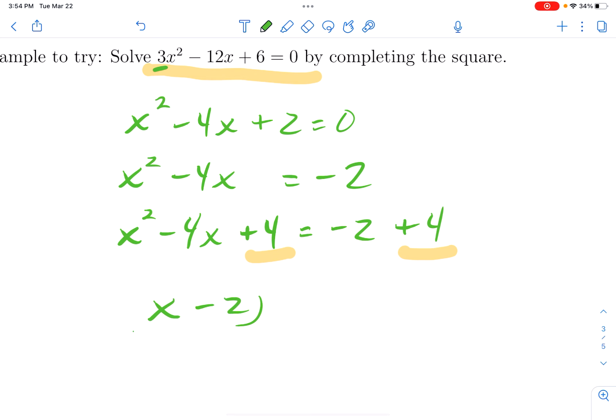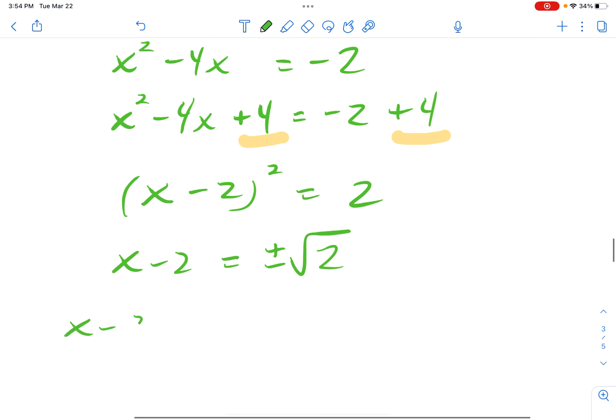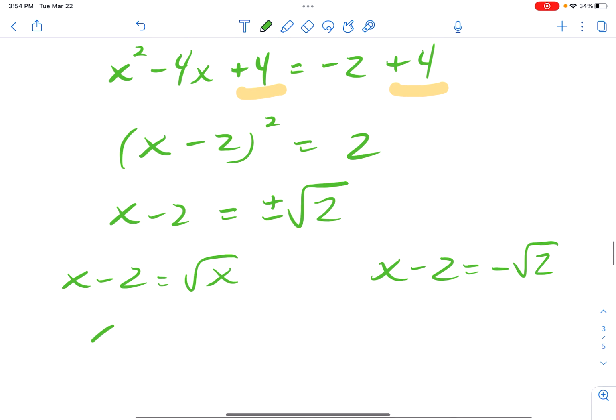This is quantity x minus 2 squared, and this is 2. So x minus 2 is either the square root of 2 or the negative version. I'll write them as two different equations. Oh, this should be a 2.